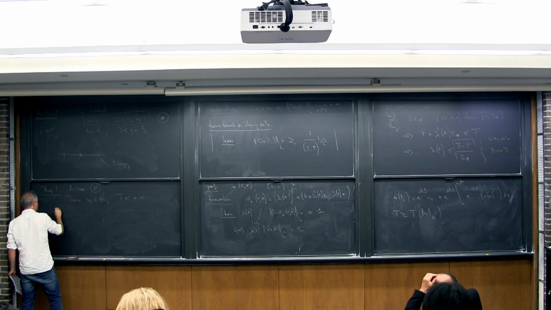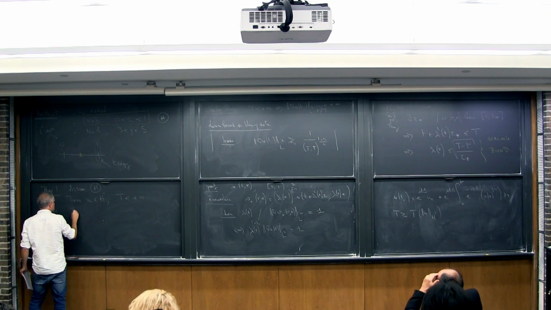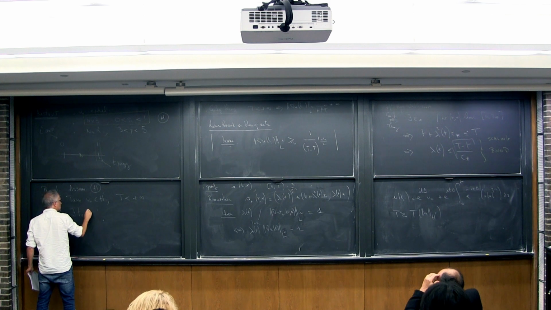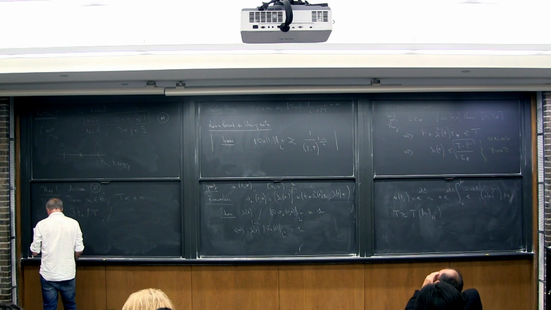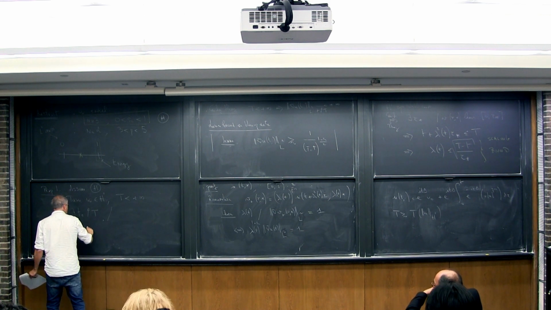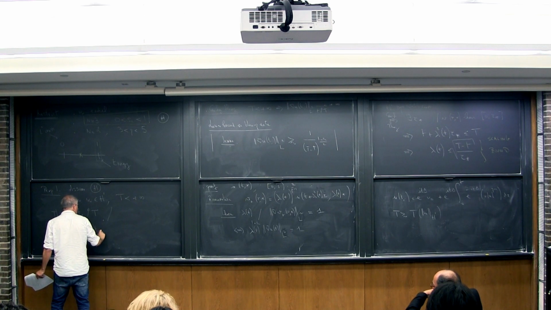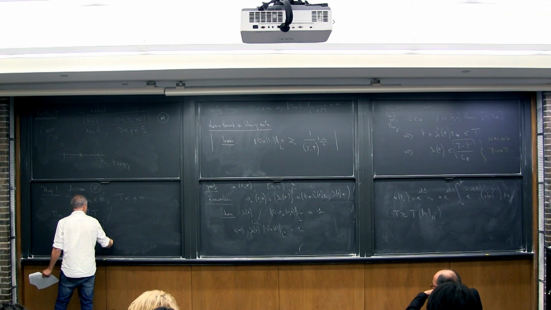Then there exists a sequence Tn going to T, such that I actually have an upper bound on the L2 norm of the gradient.